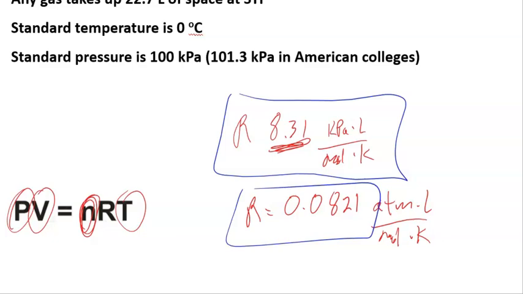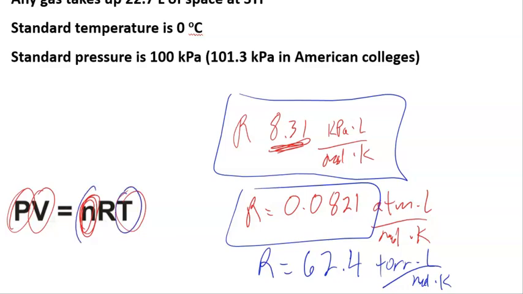But just to be aware, AP gives you 3 R's. They give you these two plus 62.4, and that's going to be torr liters per mole Kelvin. So even though there's 3 R's that AP would give you, temperature is still Kelvin, moles are still moles, and volume is still liters. The only difference would be pressure.